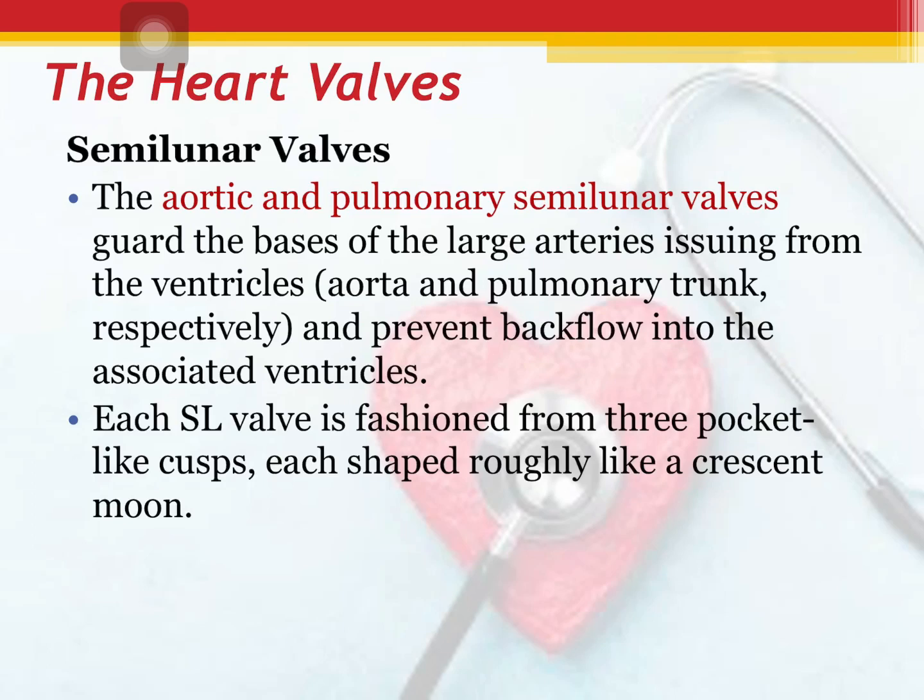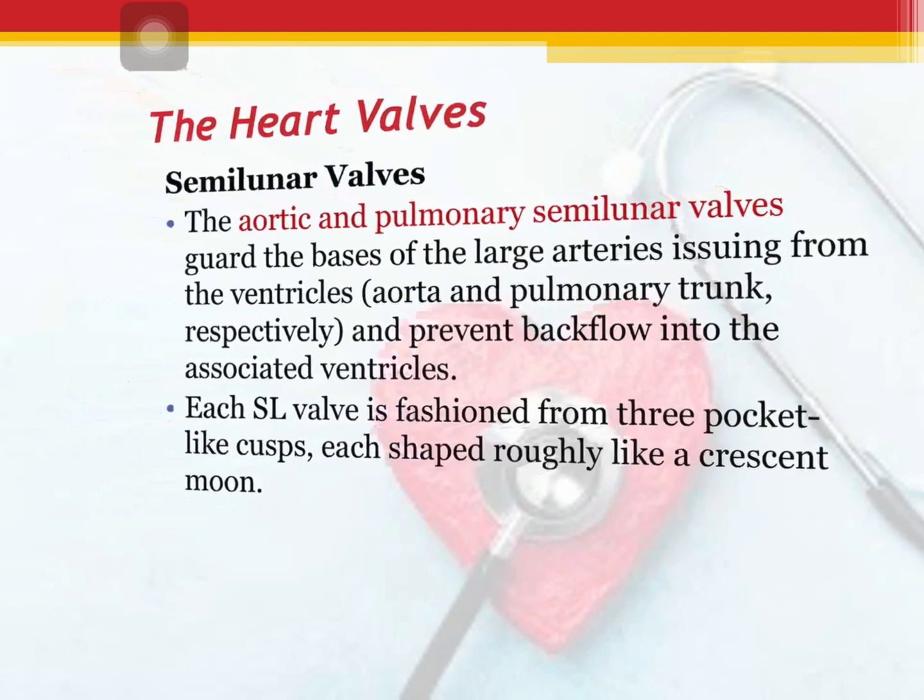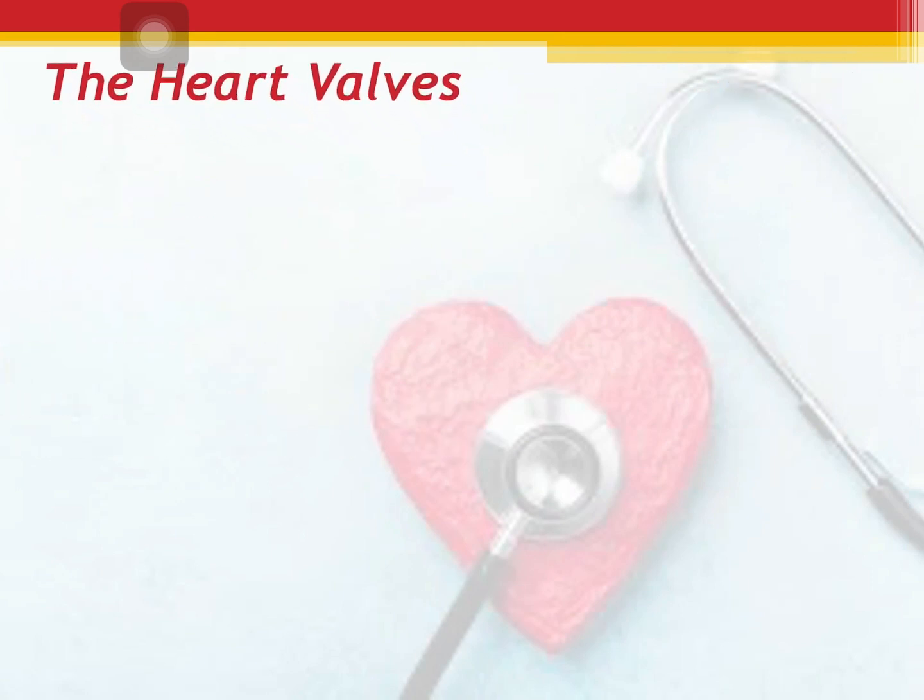That is why they are called semilunar valves. All of the heart valves, both the atrioventricular valves and the semilunar valves, function to prevent the backflow of blood throughout the heart so that the oxygenated blood and the deoxygenated blood will not mix together.